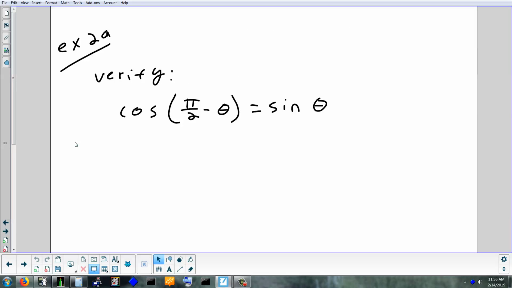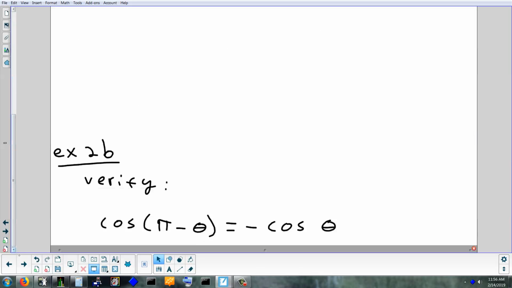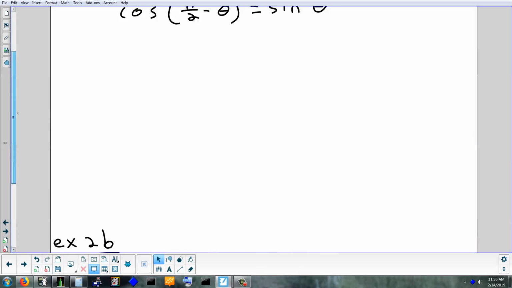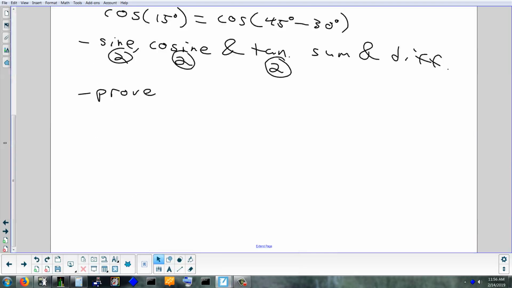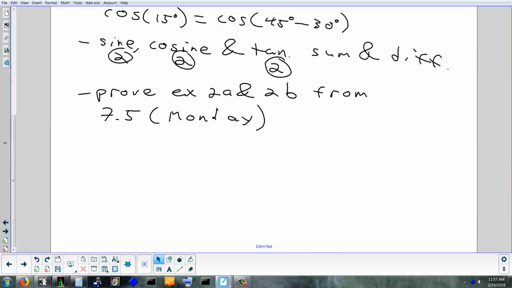Should be able to prove something like example 2A from the notes on Monday, or example 2B. Should be able to do something like that. So prove example 2A and 2B from 7.5. And as far as the Monday material, that's it.